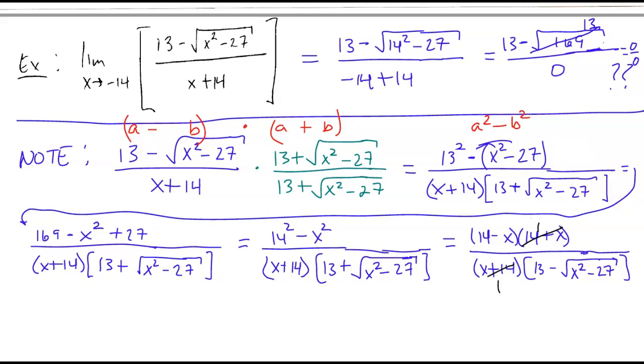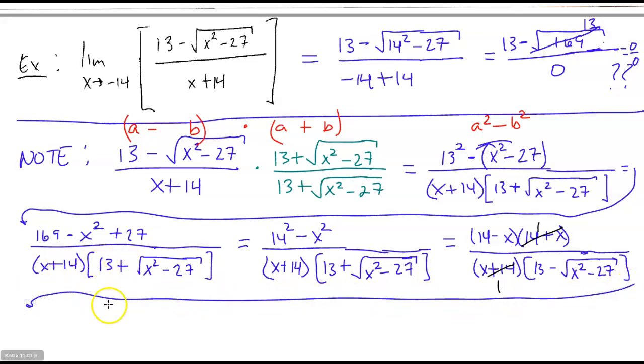And then we're going to use that to be able to evaluate our limit as x approaches negative 14 from both the left and the right. So have this over 13 minus square root of x squared minus 27. Okay. And that is the equivalent way that we want to rewrite this particular function so that we can actually evaluate the limit. All right.